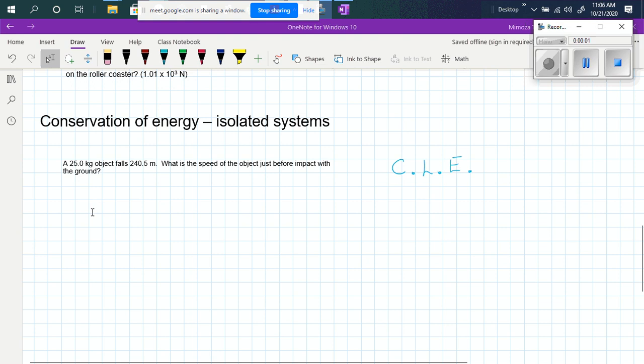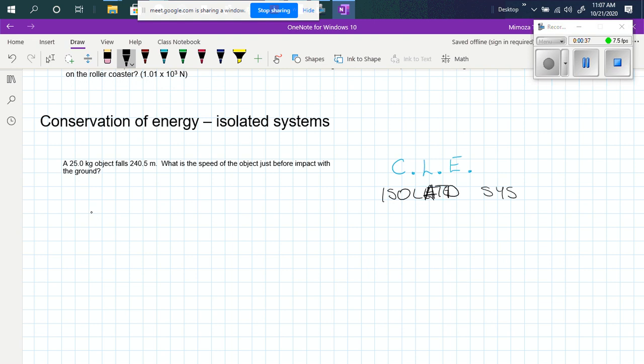I'm recording now. So the conservation law of energy is applicable to every aspect of our physical life. What the conservation law of energy states is that in an isolated system, energy is not created and not destroyed, but it is transformed from one form to the other.